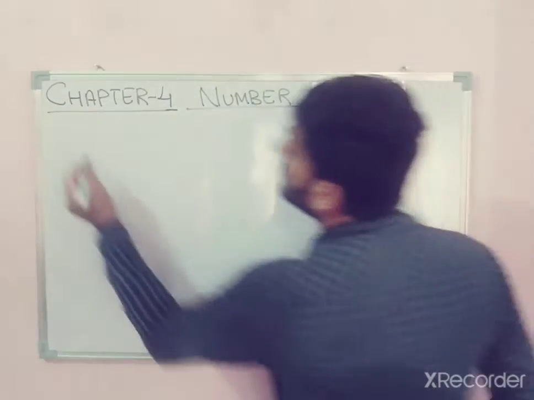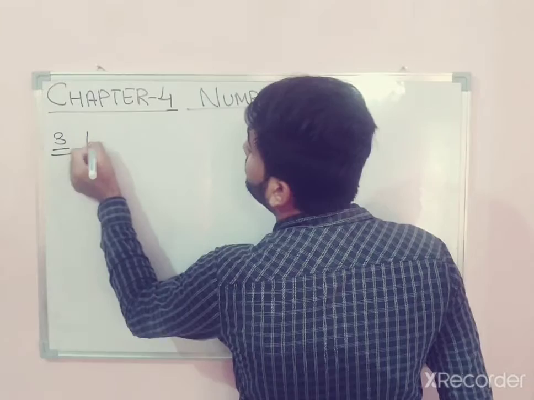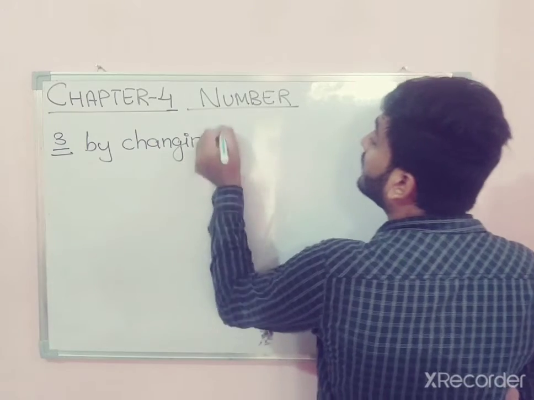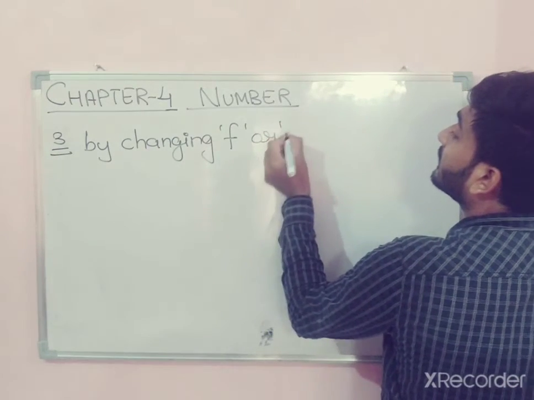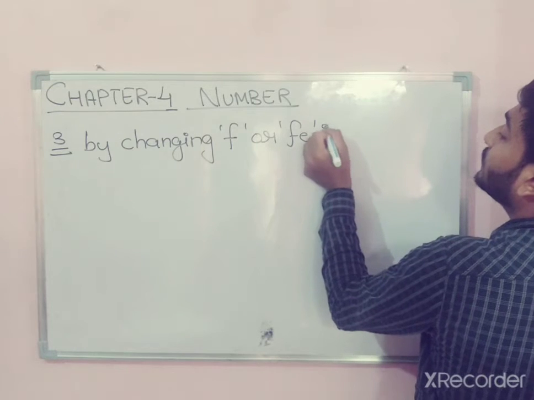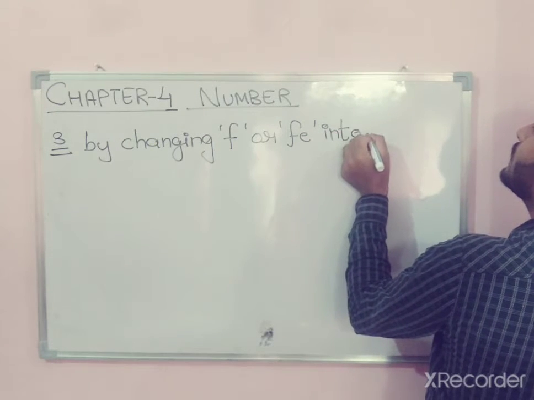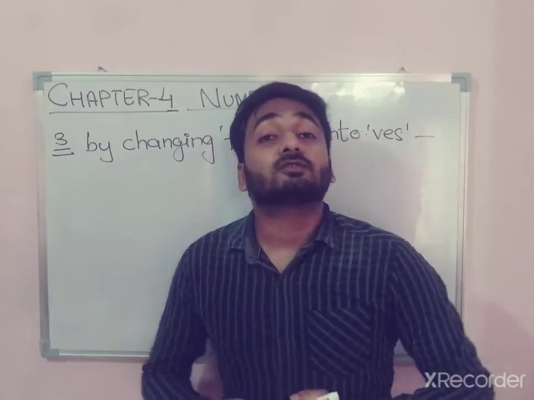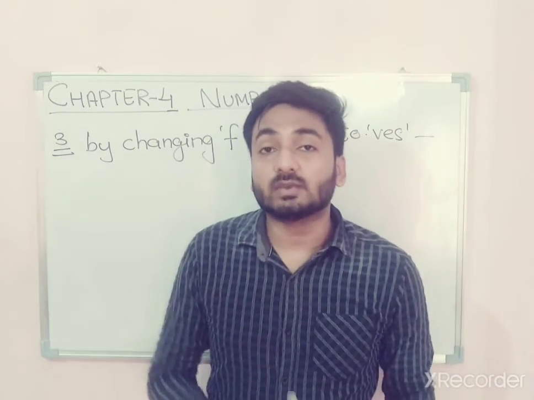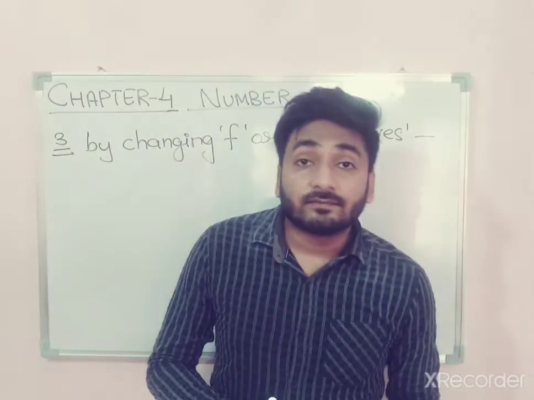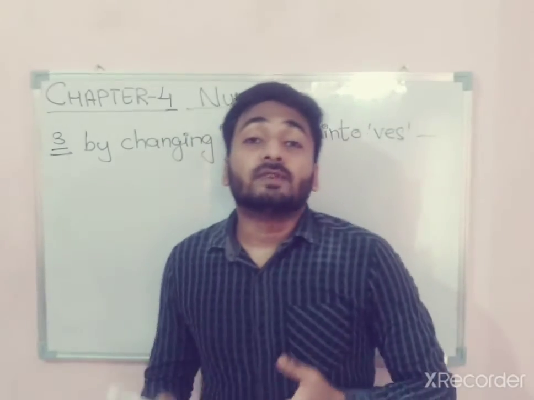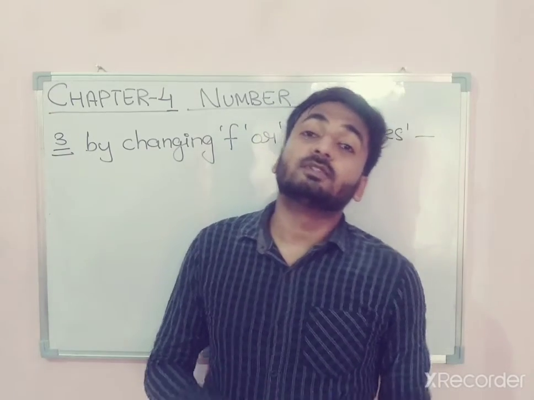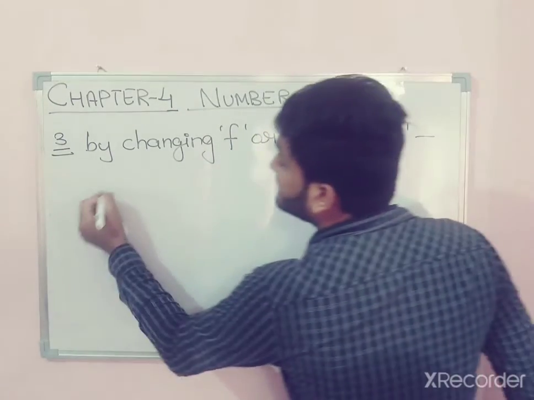Now, the rule number 3, by changing f or fe into ves. According to this rule, when a noun ends with letter f or letters fe, we replace it with ves when we are changing it into the plural form. Look at these examples.